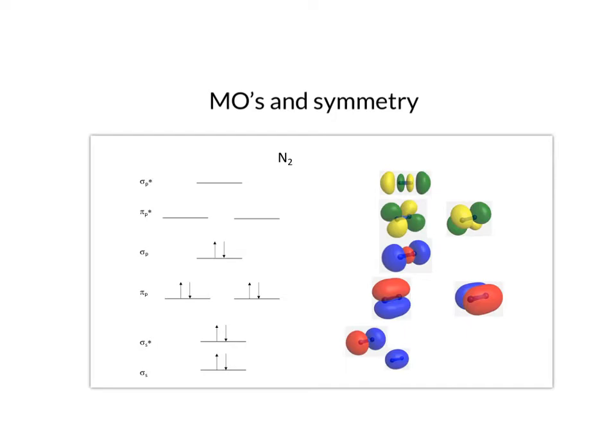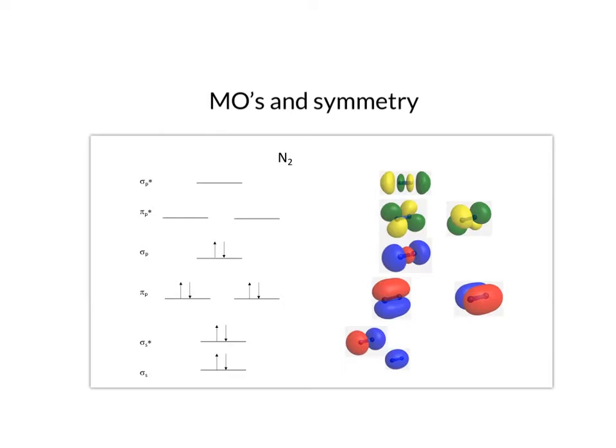And so in reality, if we really did a true molecular orbital calculation, we would be using the entire basis set, all atomic orbitals on both nitrogens, and combining them together to form the different energy states of the nitrogen molecule.